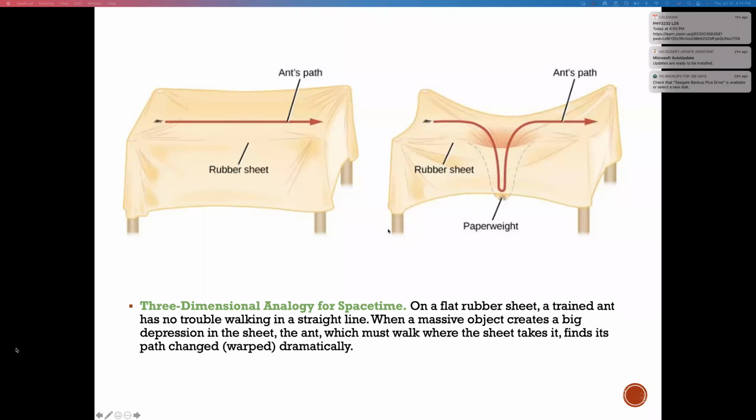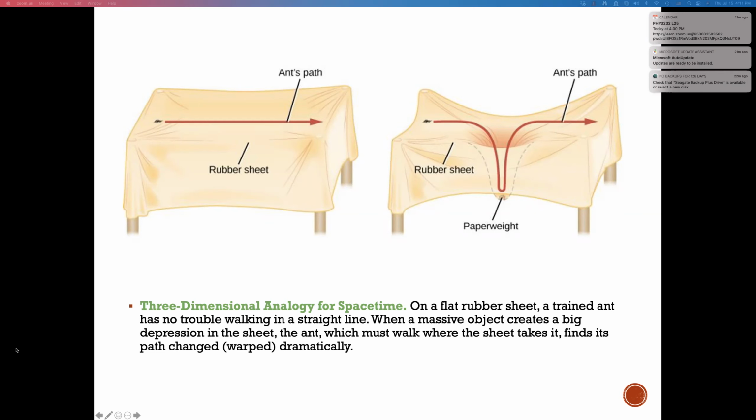Right, so let me share my presentation again. This is another way of explaining the same thing, a three-dimensional analogy of space-time.